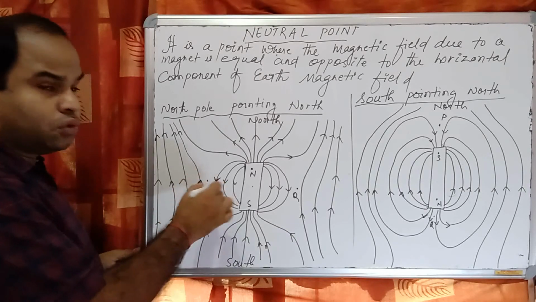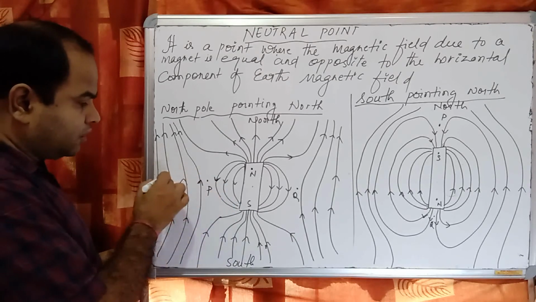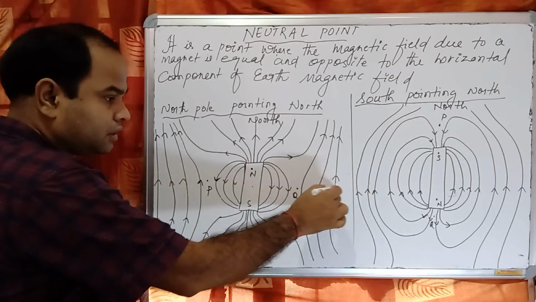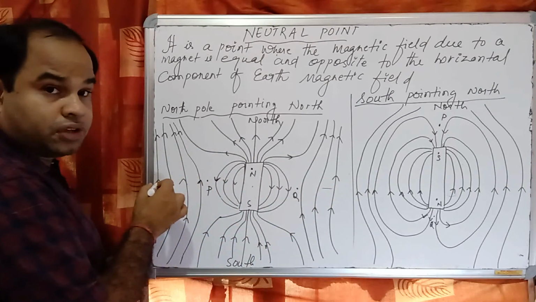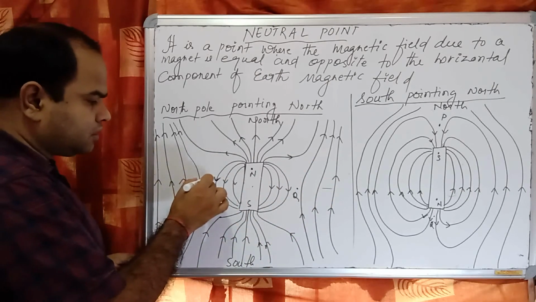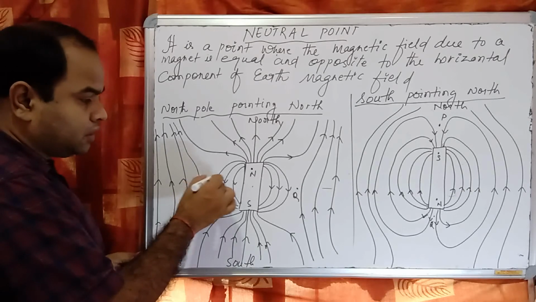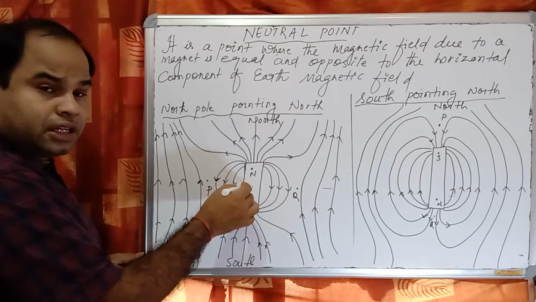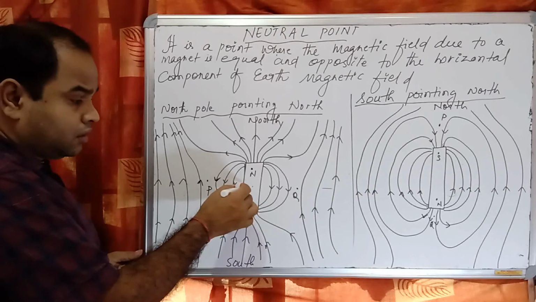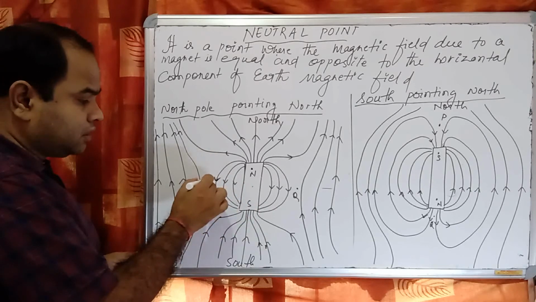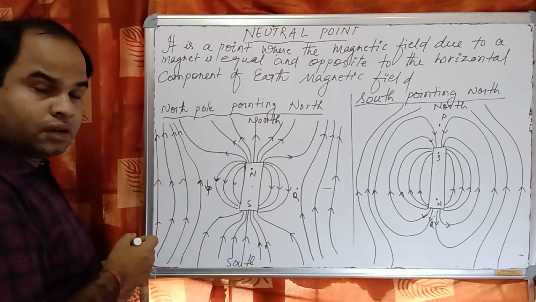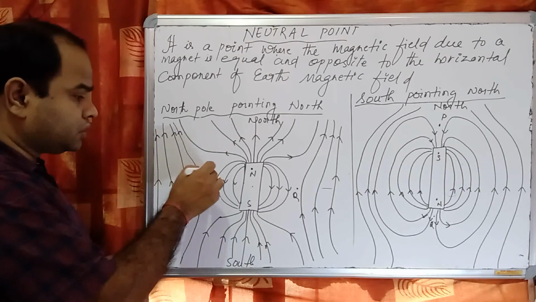So the neutral point will lie on the equatorial line. Let us consider this point. At this point the magnetic field line of the bar magnet is in this direction, and that of the Earth magnet in the opposite direction.